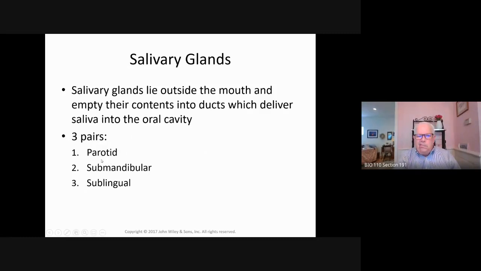Anybody ever heard of mumps? Yes. Mumps is a viral disease of the parotid glands. Okay? So that's important. Parotid, submandibular, and sublingual, and they're on both sides. There's a right and a left, a right and a left, and a right and a left. All of these salivary glands produce saliva.